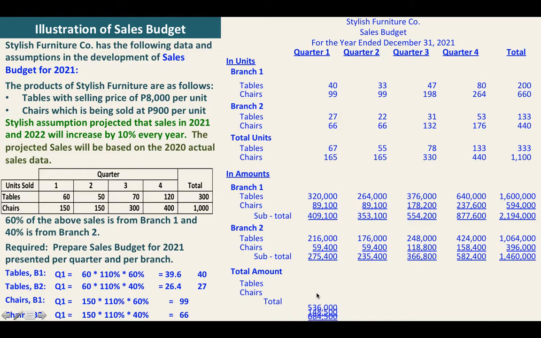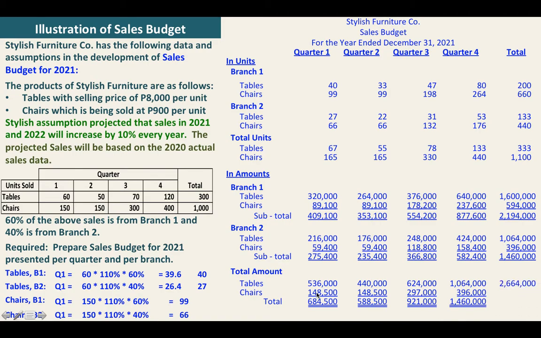So you can get the total of these two branches. Doing the mathematical calculation for the rest of the quarters and for the total for the year, you will have this.